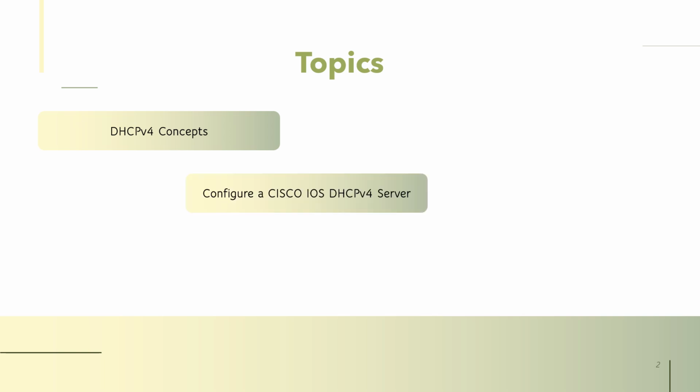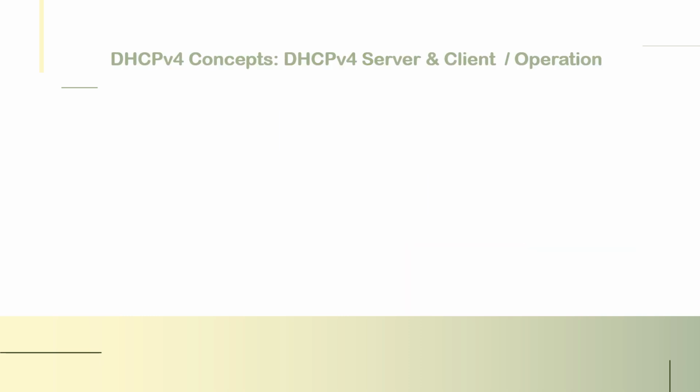We will configure a router as a DHCPv4 server and configure a router as a DHCP version 4 client. Before we do the configuration, first we will explain how DHCPv4 works.